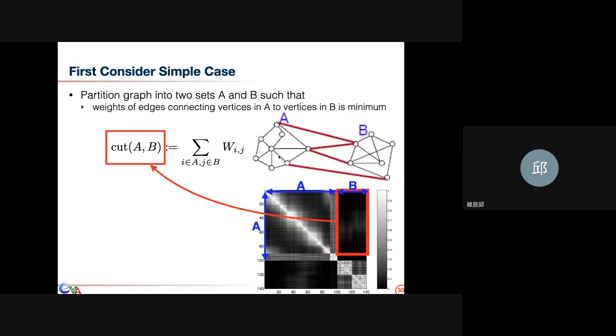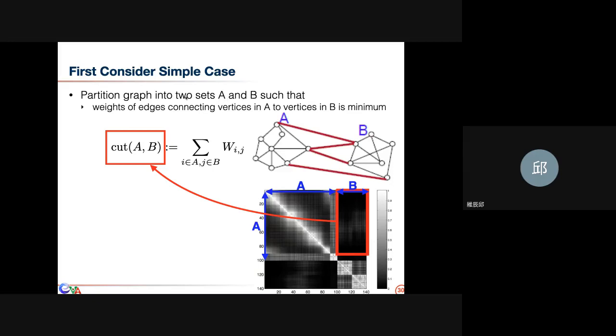That means we would like to perform clustering on this data set and have two clusters in the end. Let's assume these two clusters are denoted by A and B.